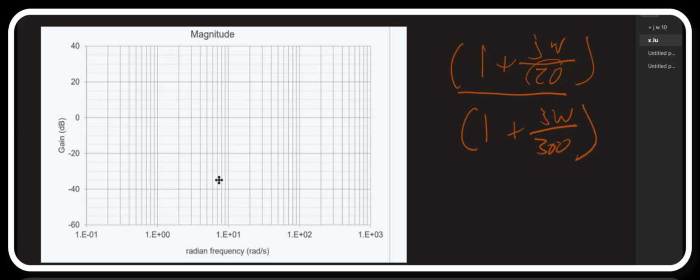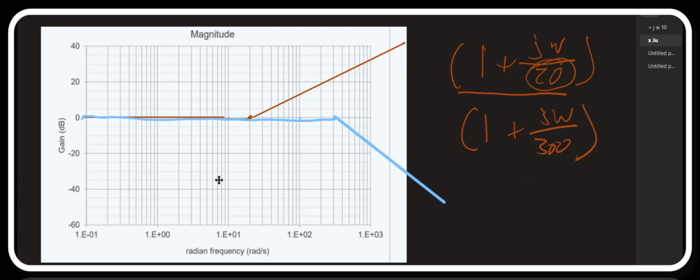So this is a 0 with corner frequency 20. So here's 10, here's 20. It is going to be 0 until I get to 20, and then it will have a slope of 20 after that. My pole is going to be 0 until I get to 300. Here's 100, 200, 300. And then it will have a slope of negative 20 after that.